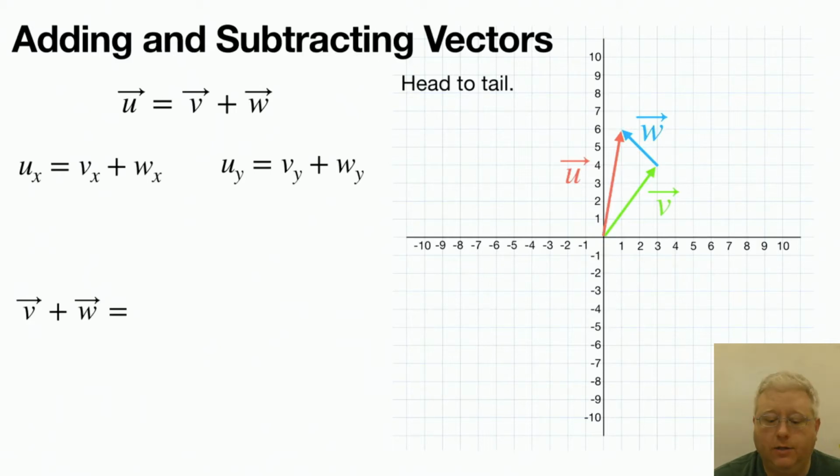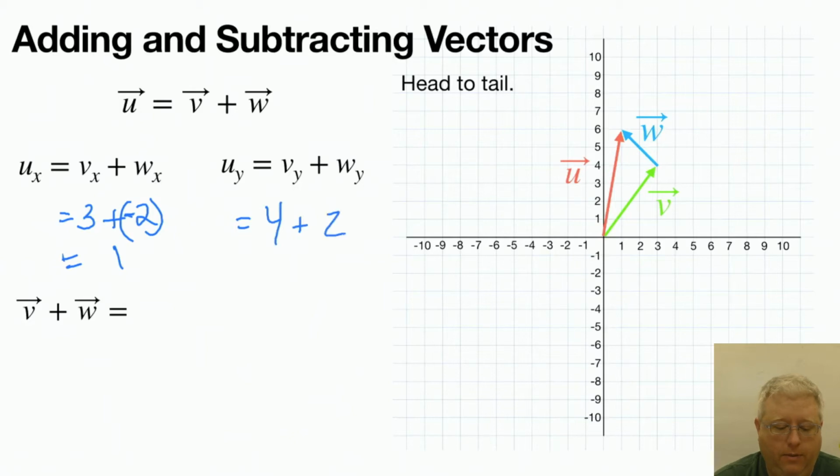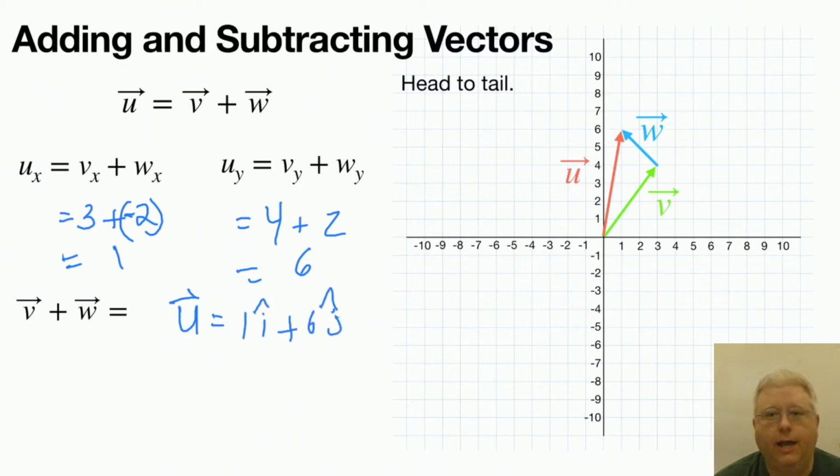If we look at the x component of u, vx is 3 and wx is 2. Actually that's -2, remember, because it's going to the left. And so that gives us 1. And the y component of v was 4, and the y component of w is 2, so that gives us 6. So we could write vector u as 1 i hat plus 6 j hat.